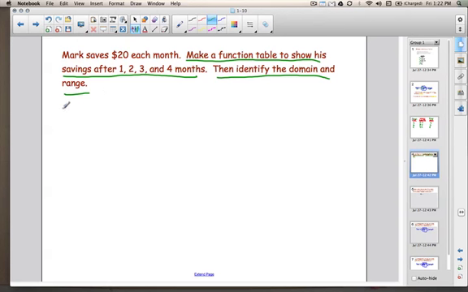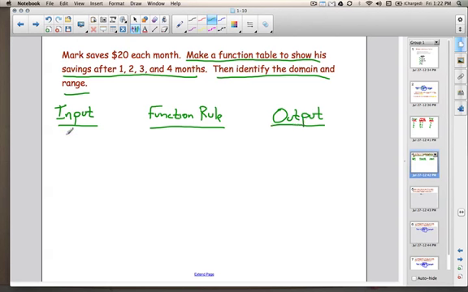So I'm going to set this up the same way. I'm going to have an input, I'm going to have a function rule, and we're going to have some sort of output. Our inputs are going to be after 1, 2, 3, and 4 months.